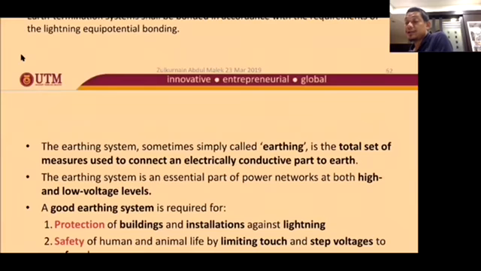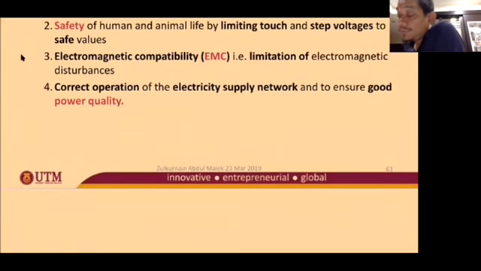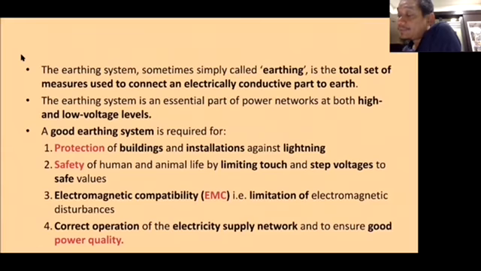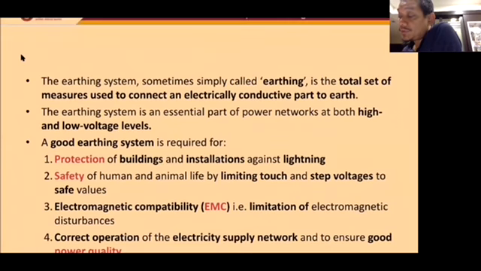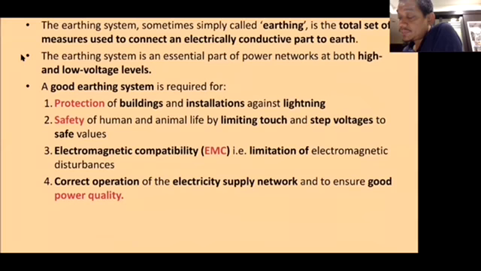In this page, it gives you some criteria for good earthing. Why do you need good earthing? For protection, for safety, to reduce EMC, and for your power quality.